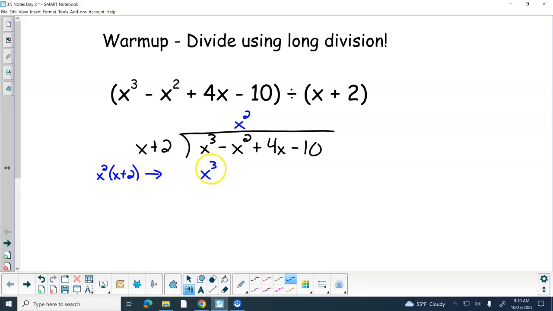So then that's x cubed plus 2x squared. Change both signs. That gives me negative 3x squared. Drop. Then this would be negative 3x.